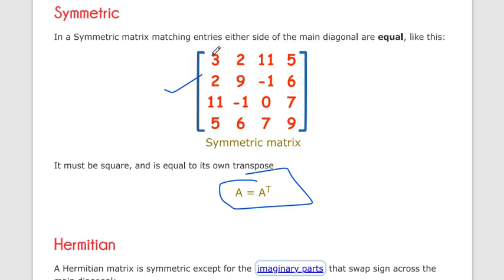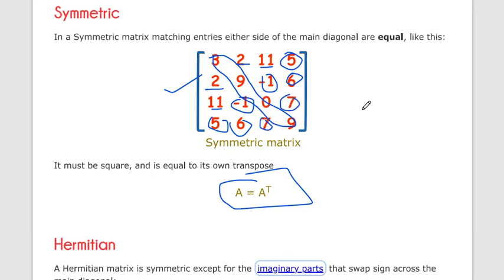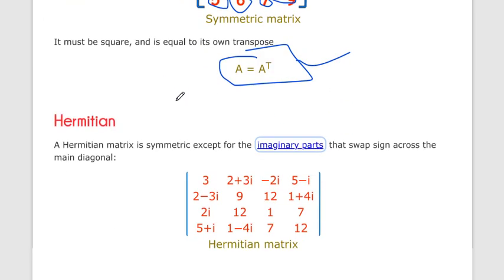Like if this is the diagonal element, then these two will be the same, these two, 5 5, minus 1 minus 2, 6 6. As you can see, the bottom of the diagonal and top of the diagonal are the same, so A and A transpose are the same, so it's called symmetric.